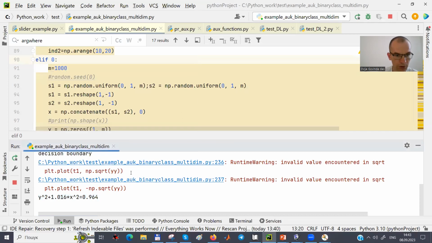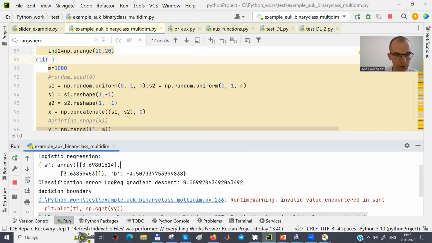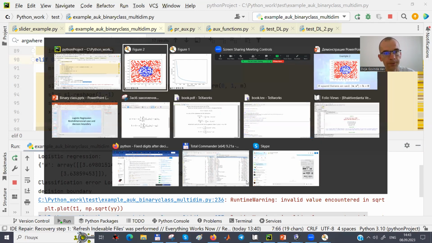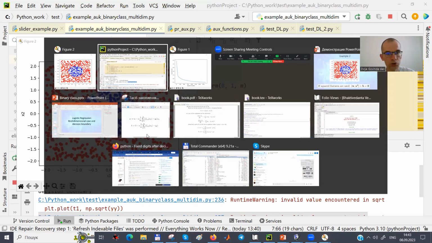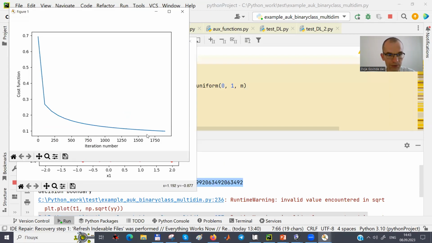Let's also look at what the estimation error was. Approximately 1% of error was the classification error. Yes, probably somewhere one blue point got outside this decision boundary. So it shows how this algorithm works.